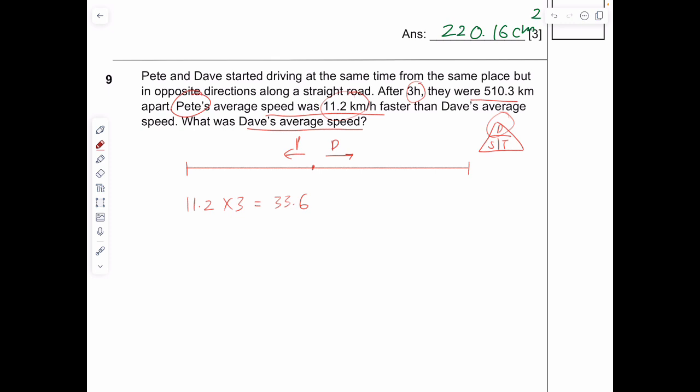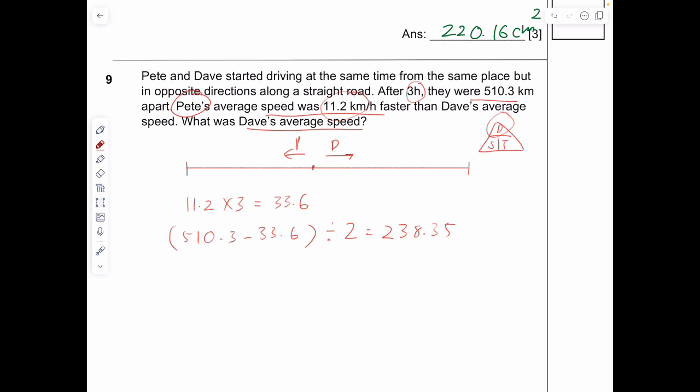So this is the kilometers that he gained. The total distance that they were apart was 510.3. I will subtract away 33.6. When I do that, I'll find out the total distance traveled by both of them, given that they were at the same speed. And then after that, I would divide by 2. And that will give me 238.35.